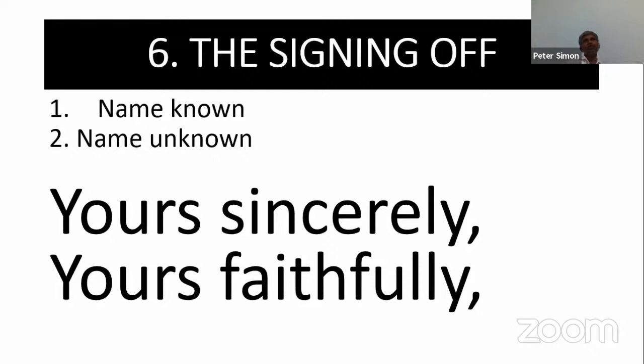For example, if the name is not given and you have to write to the gastroenterologist in City Hospital, then you write dear gastroenterologist, or dear doctor, whatever suits. And then at the bottom, you say yours faithfully.